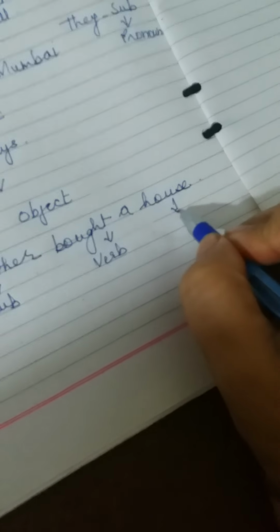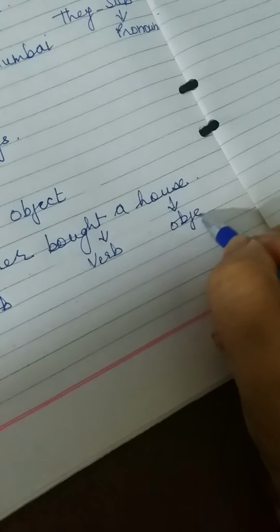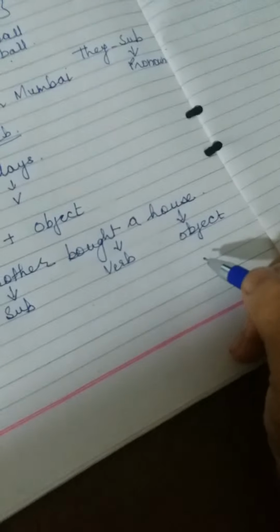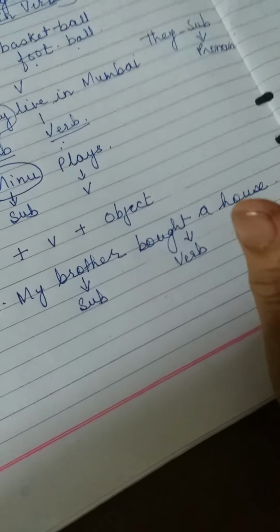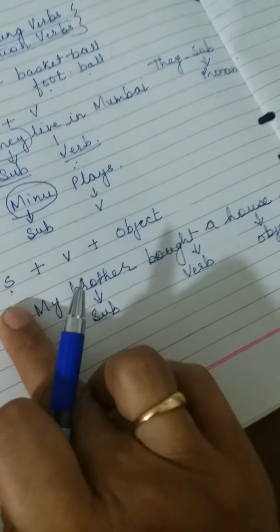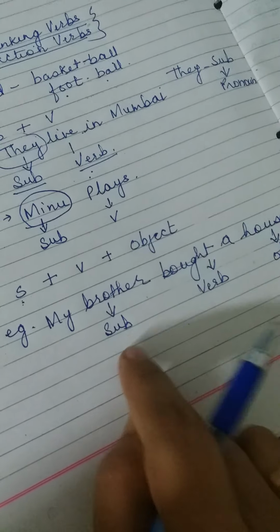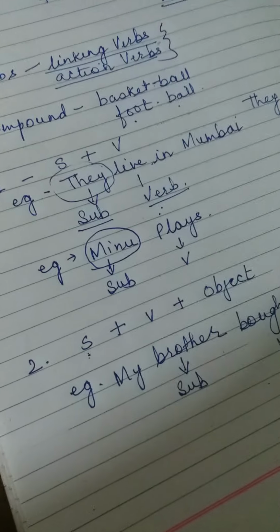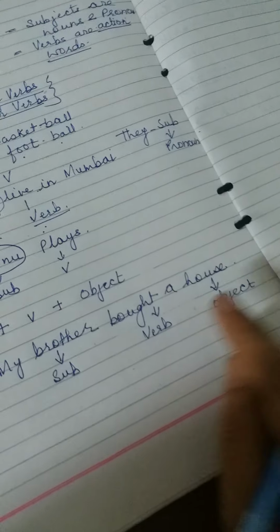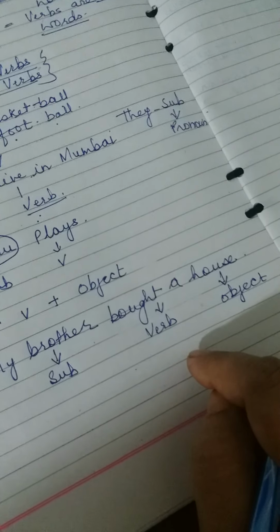The object is house, a direct object. My brother is the subject; bought is the verb, and a house is the object.